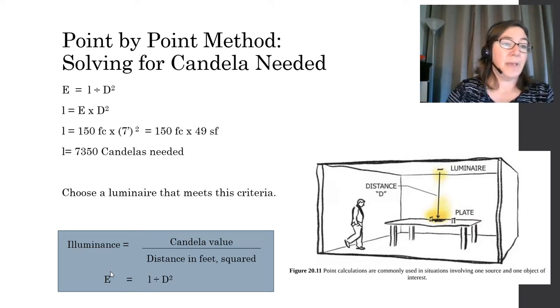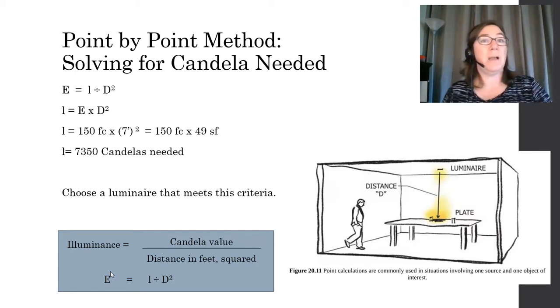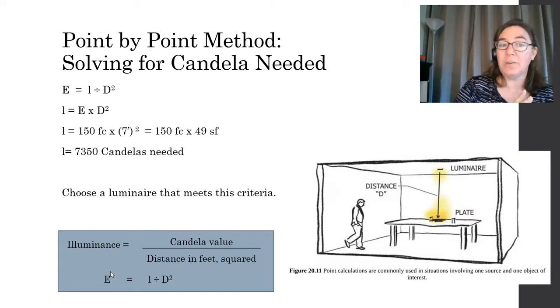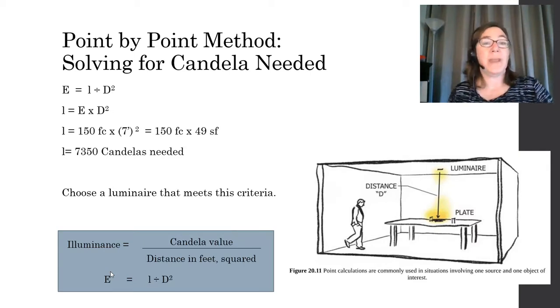In this case, 150 foot candles is our target illuminance. Multiply that by our distance of 7 feet squared, and we end up with a target candle power of 7,350 candela. We use that information to choose a luminaire that meets this criteria.